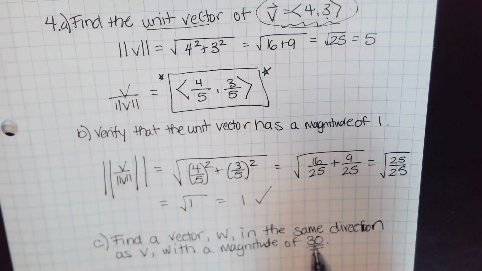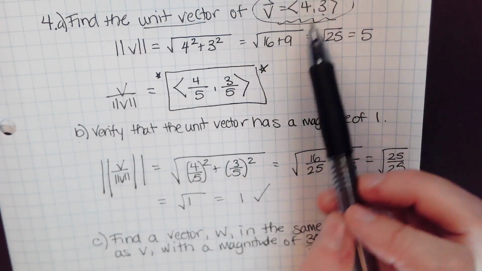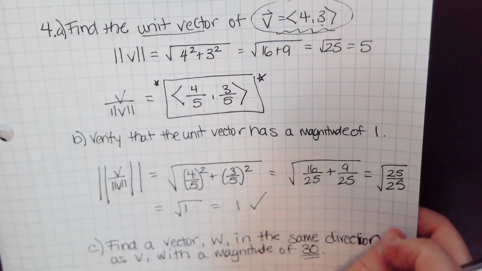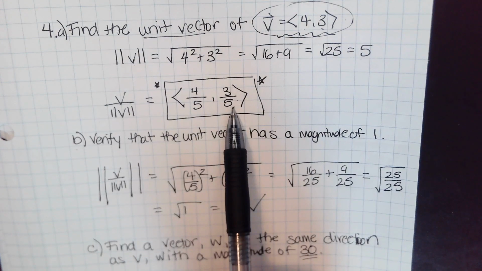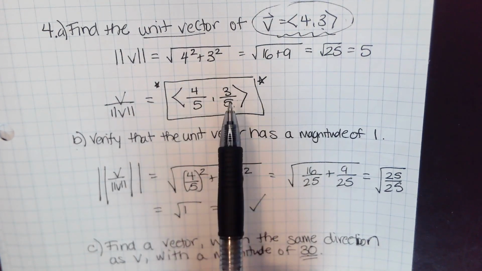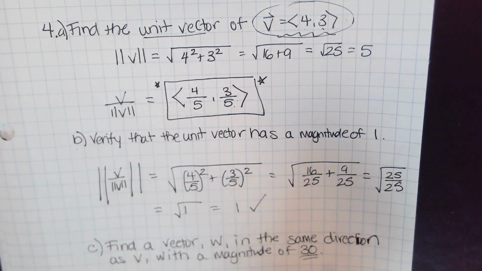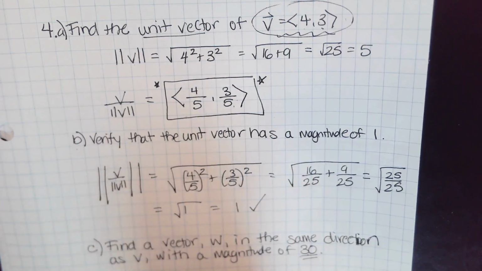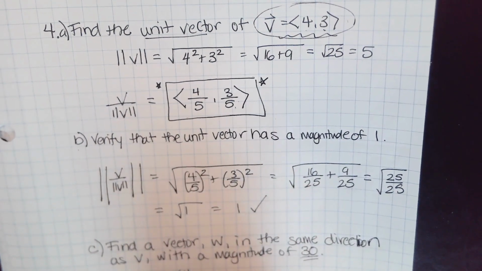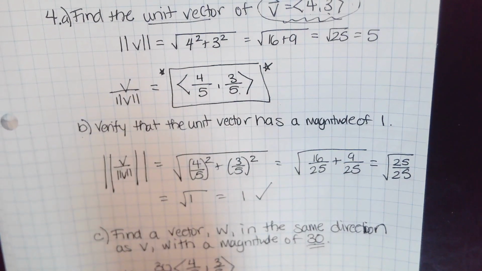So to do that, first, we'll get this vector to have a magnitude of 1. So the unit vector, we know, has the same direction as the original, but it has a magnitude of 1. Once it has a magnitude of 1, now I can simply use scalar multiplication and multiply it through by 30. So 30 times 4/5, 3/5, in component form, and now I'm just going to distribute.